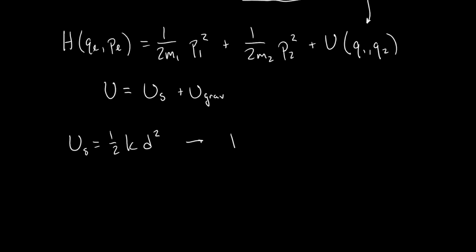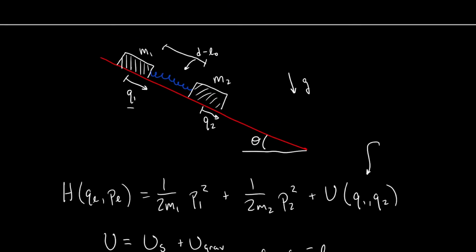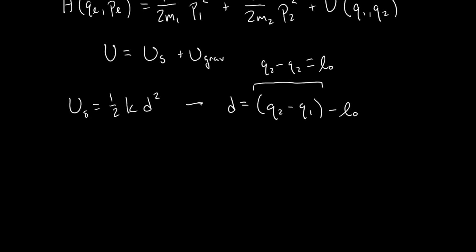So I can say that d is equal to Q2 minus Q1, and then minus L0. Okay, the minus L0 is just there to say that when their difference equals L0, and actually I don't think this is quite correct here in my notation, so I'll just erase that.